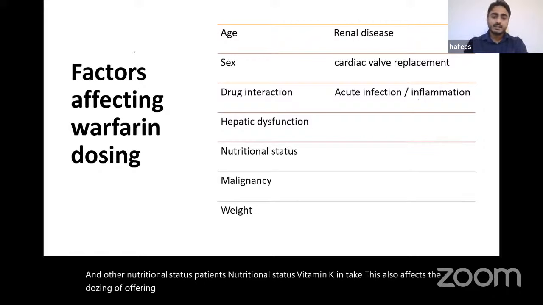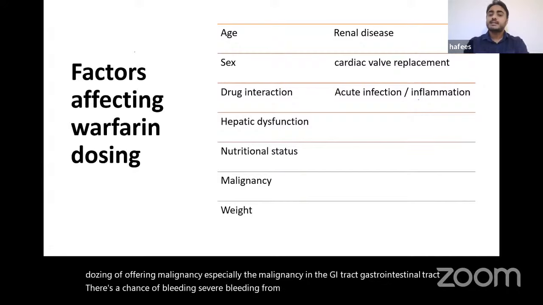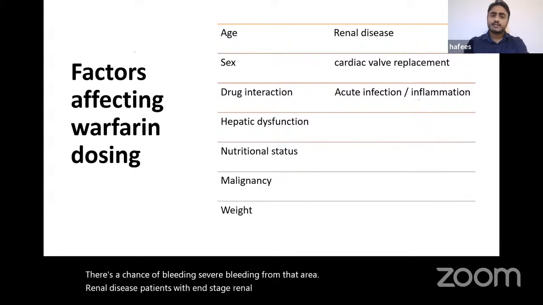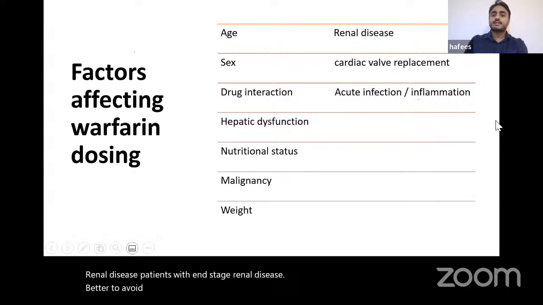Malignancy, especially in the gastrointestinal tract, there is a chance of severe bleeding in that area. Renal disease, patients with end-stage renal disease, it's better to avoid warfarin. It's not safe to use in patients with end-stage renal disease.